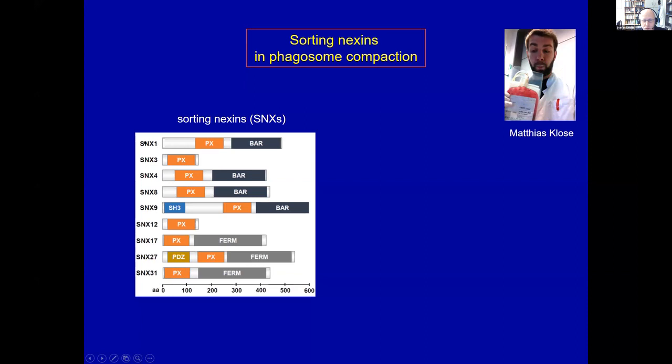And actually our initial assumption was that one of these sorting nexins that would contain a BAR domain would be responsible for the membrane tubulation, because this BAR domain is able to sense and also to induce membrane curvature events that are necessary to tubulate membranes.